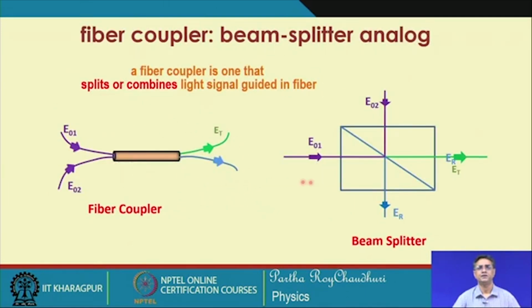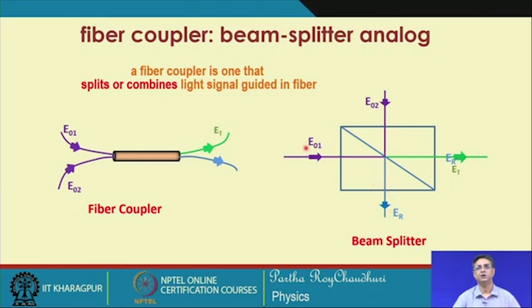Okay. So, this is an analog of a beam splitter. When we have a beam splitter, we have an incident light which is incident here, a part of the light will be reflected and a part of the light will be transmitted. But it could as well happen that the light is incident from this side, then part of the light will be reflected here and part of the light will be transmitted.